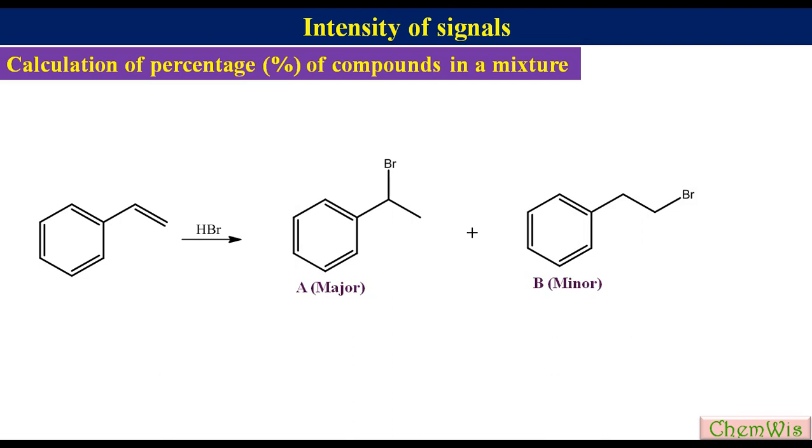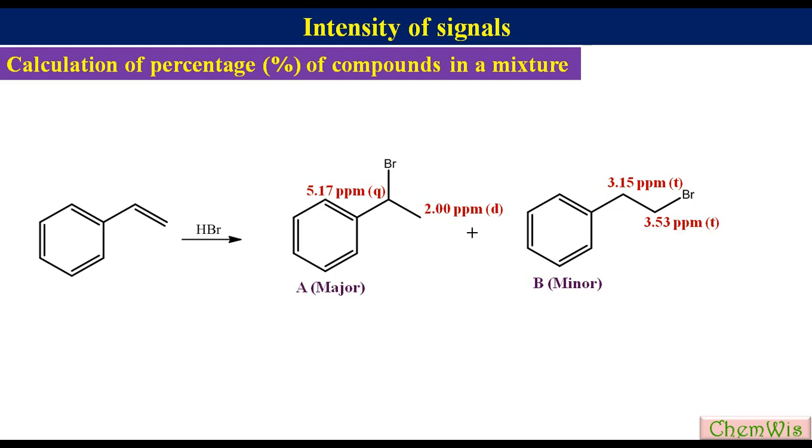Proton NMR of the mixture in aliphatic region shows a quartet for CH at 5.17 ppm, a doublet for CH3 at 2.00 ppm, a triplet for this CH2 at 3.15 ppm, and one more triplet for this CH2 at 3.53 ppm.